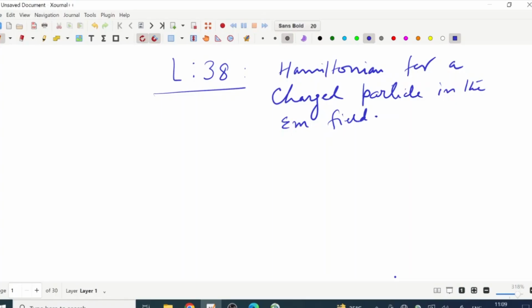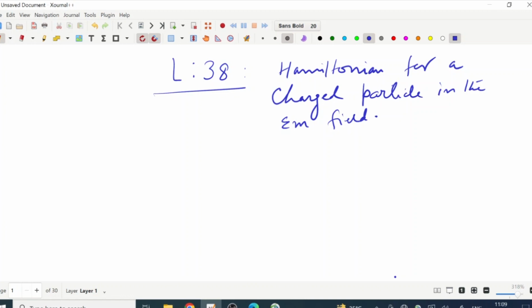So, now we have good knowledge of constructing the Lagrangian and Hamiltonian for a system and finding the equation of motion. With these few remarks, let us move to the construction of the Hamiltonian for a charged particle in the electromagnetic field. We will follow the same process as we did for the earlier examples.